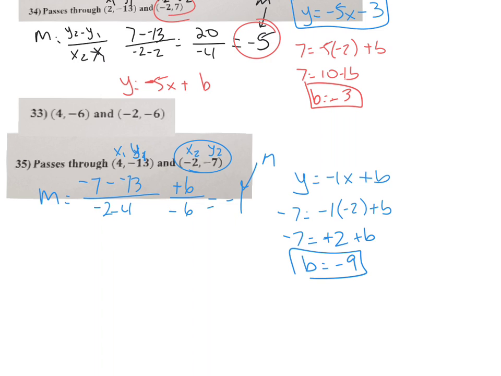So I have a b, I have an m, so I'm going to write it as y equals negative 1x minus 9. And that's our problem. That's actually going to finish up the worksheet, guys, so we're done.